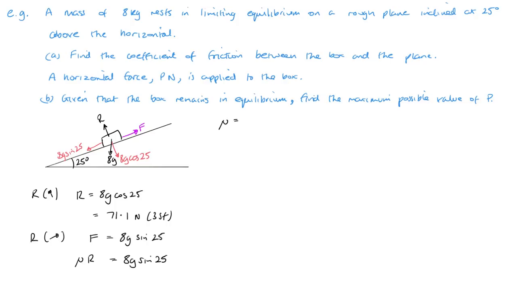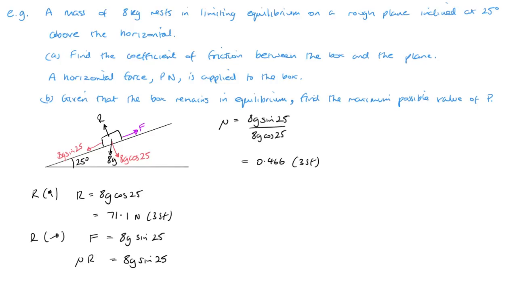So mu is 8g sine 25 over R, which is 8g cos 25. And that gives me 0.466 to 3 significant figures.